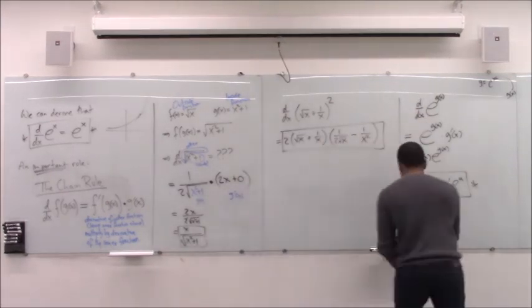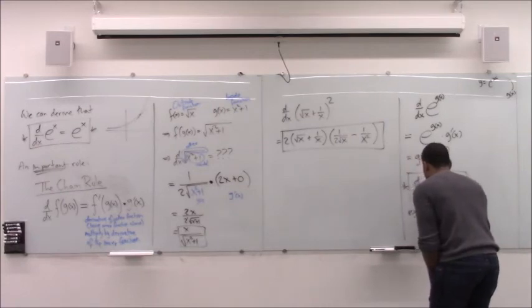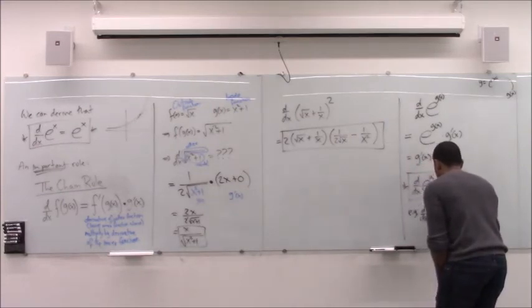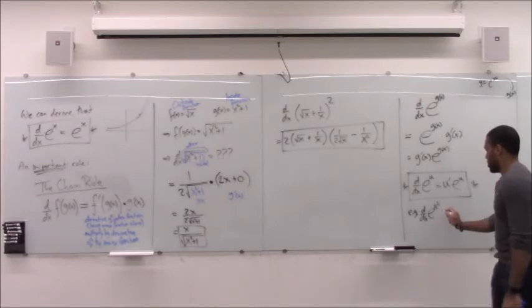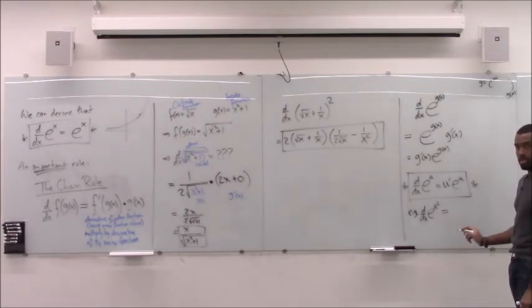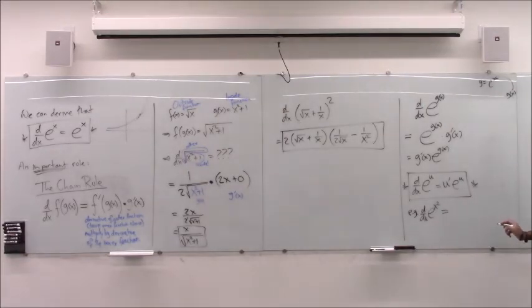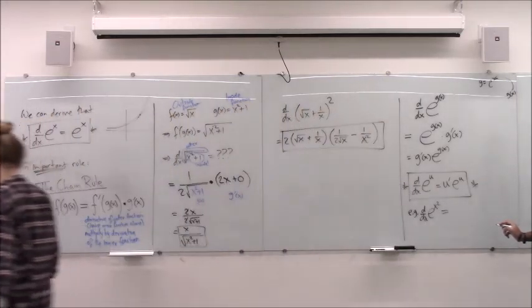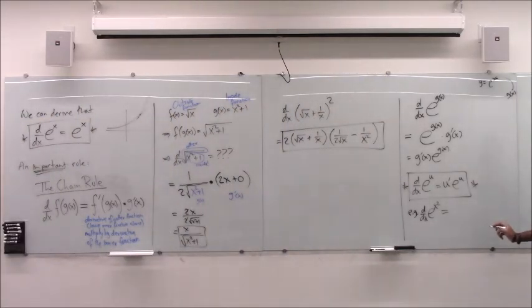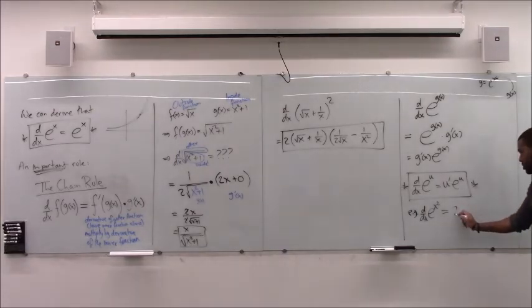For example, if I ask you, what is the derivative of e to the x squared? What would you say? Yeah, it would be e to the x squared times 2x. Right, 2x e to the x squared.